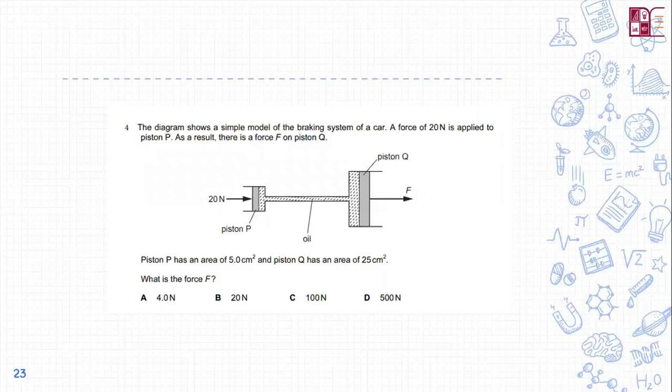So if it's 20 Newton upon 5, the other ratio has to be the same. So 20 upon 5 is 4. Now if the area is 25, the force has to be 100 for the ratio to be the same. So 20 upon 5 is also 4, 100 upon 25 is also 4.